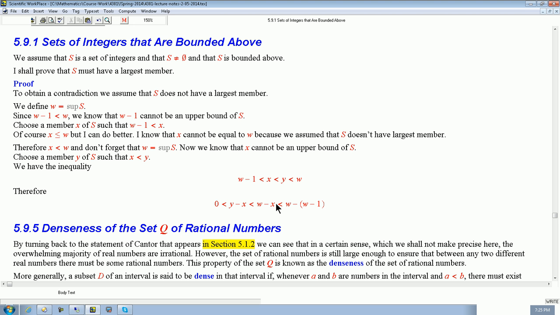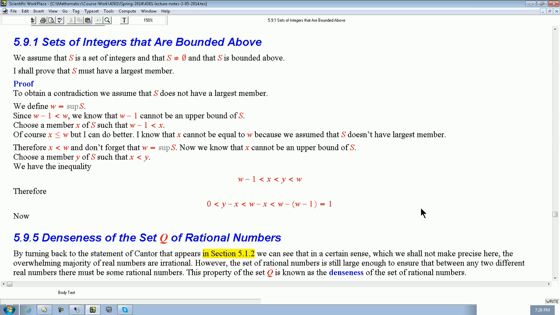The less you subtract, the more you get. And this number happens to be 1. Now we have an integer, namely Y minus X, between 0 and 1, which is the desired contradiction. Bit of a tricky proof.